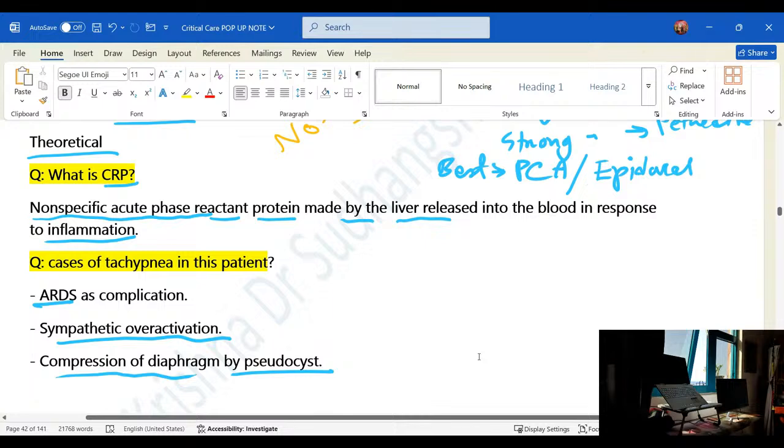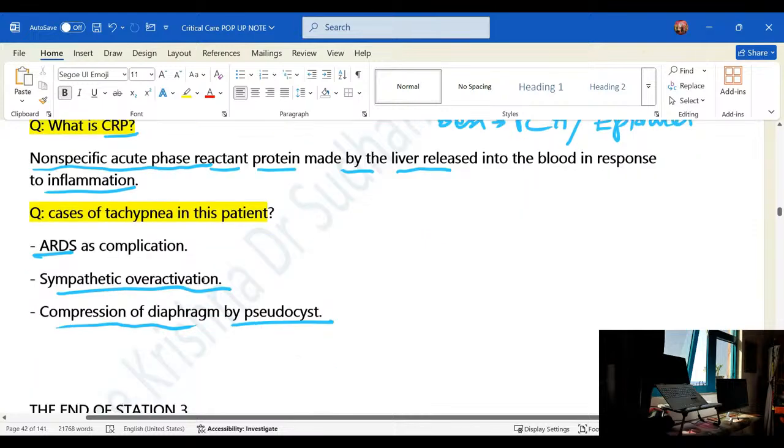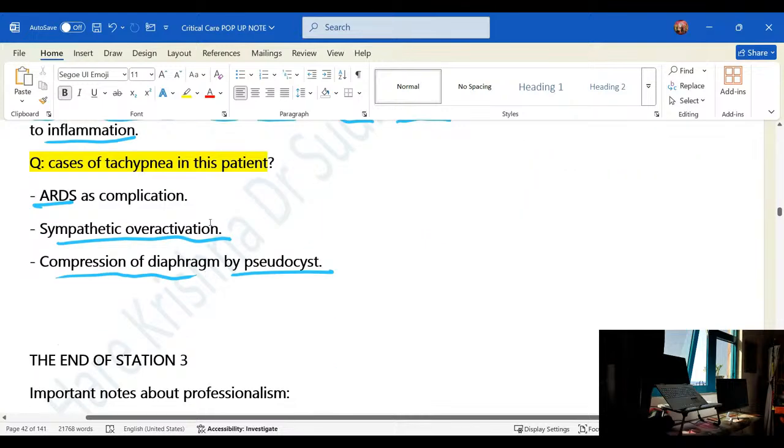Causes of tachypnea in this patient. He's breathing fast. Why? Because of acute respiratory distress syndrome, sympathetic overactivation, and compression of the diaphragm by pseudocyst.